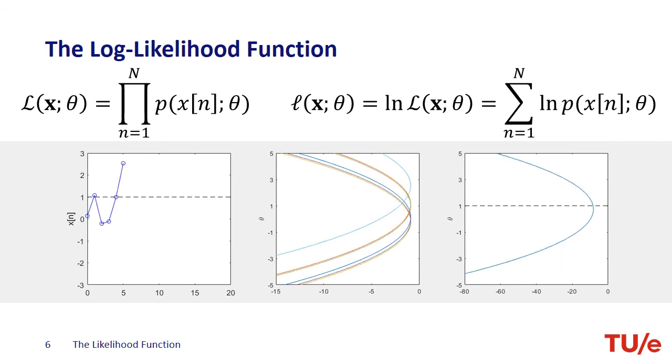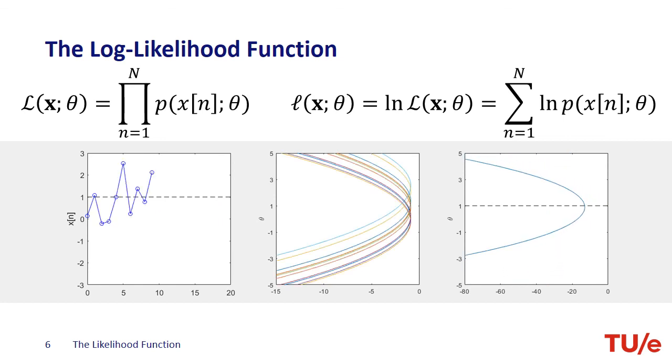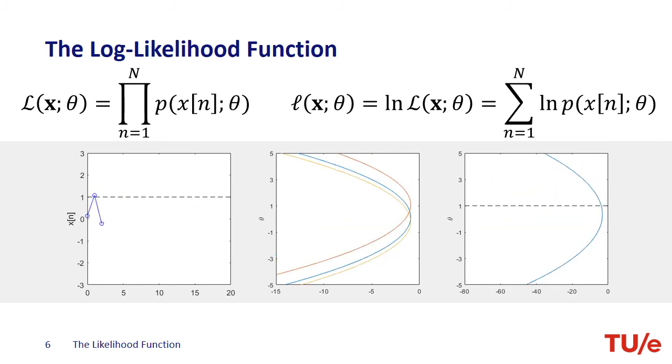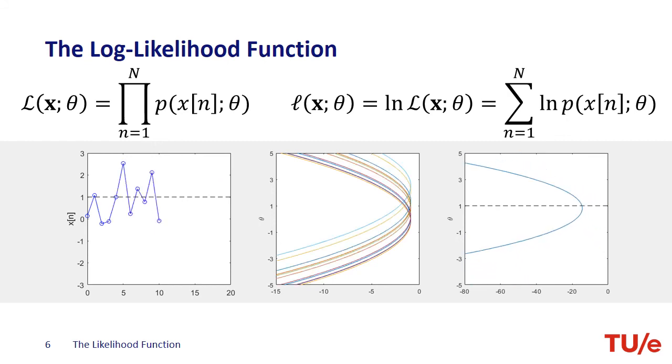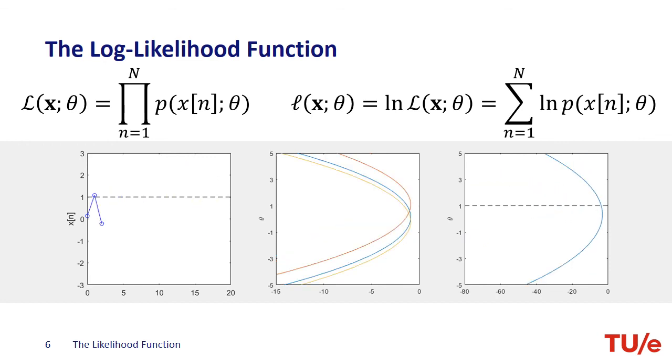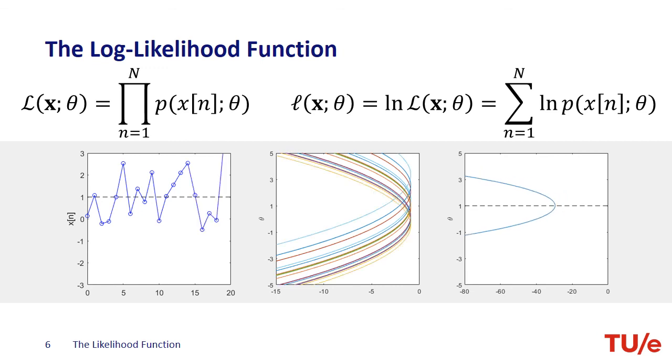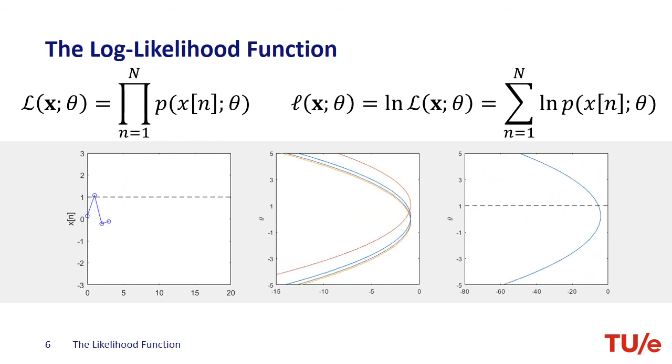Now, we collect another sample. We can apply the same reasoning for x2 and end up with another likelihood function. The middle figure shows the likelihood functions for each individual sample. However, we can also ask ourselves this. What is the likelihood of getting x1 and x2? And we can keep collecting more data samples and ask the same question again. What is the likelihood of getting the data vector x that contains capital N samples?